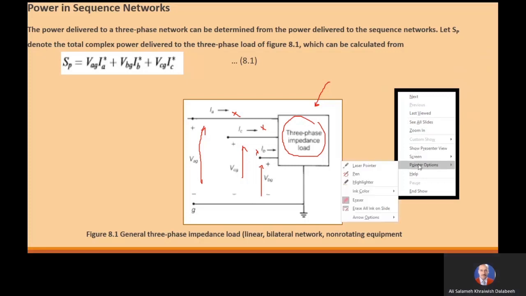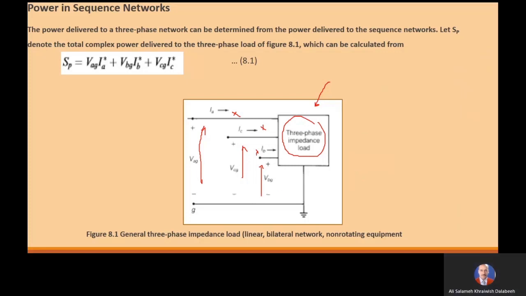As we said, the apparent power of the three-phase system equals the apparent power of phase A plus the apparent power of phase B plus the apparent power of phase C. Okay, this is the general equation.